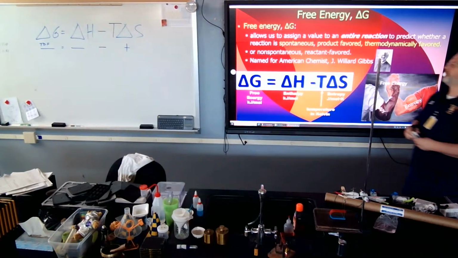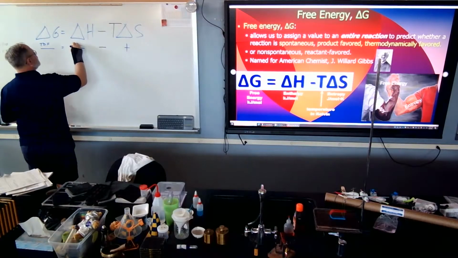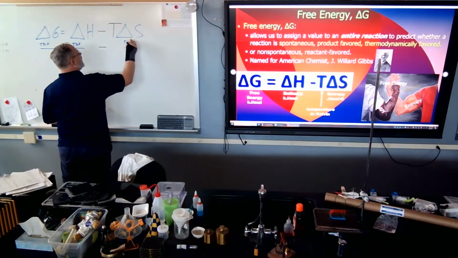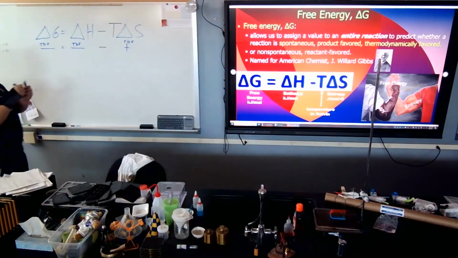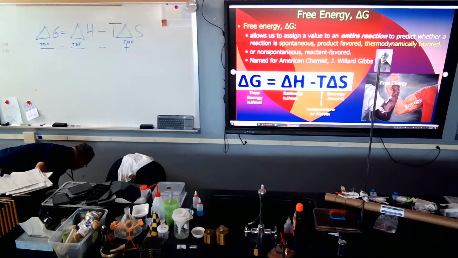All right. So, if your enthalpy is thermodynamically favored, and your entropy is thermodynamically favored, your Gibbs free energy will be thermodynamically favored.